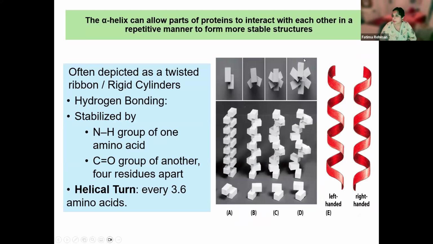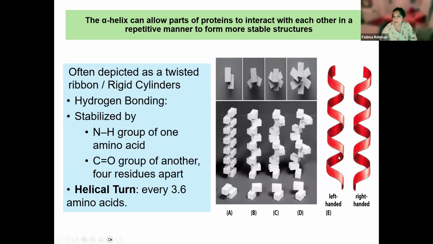If you have multiple ones of these coming together, they could be forming a more complex structure or even a pore, as we've talked about before. And in this case, each one of these would represent a single coil, right? They're stabilized by the nitrogen-hydrogen groups of one amino acid having hydrogen bonding with the CO group of another that is 4 residues apart, or 4 amino acids apart.